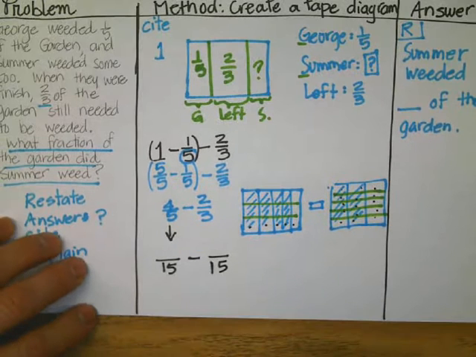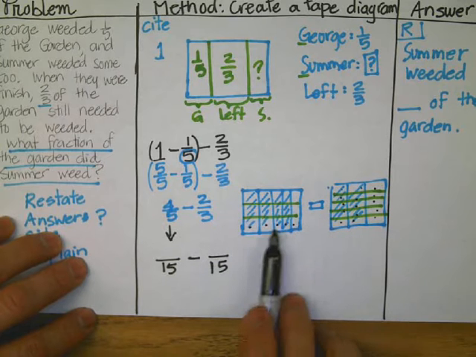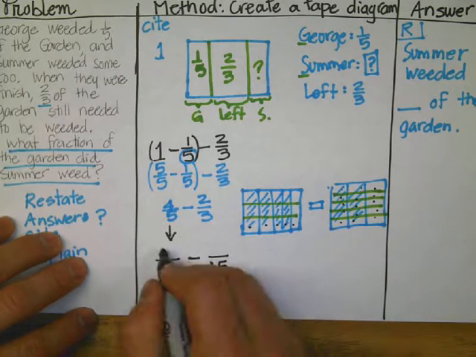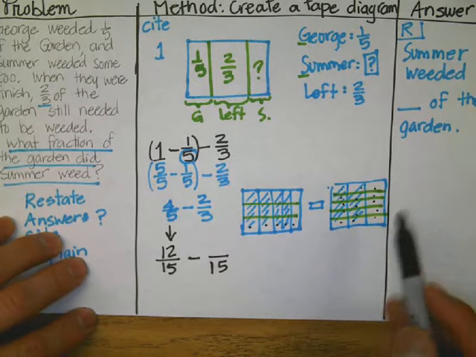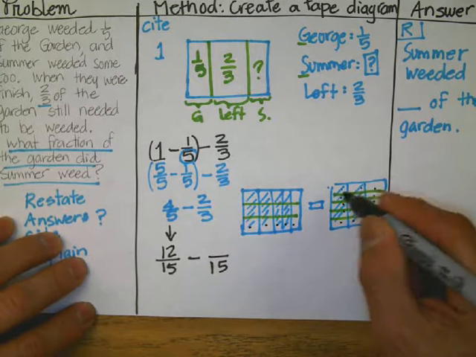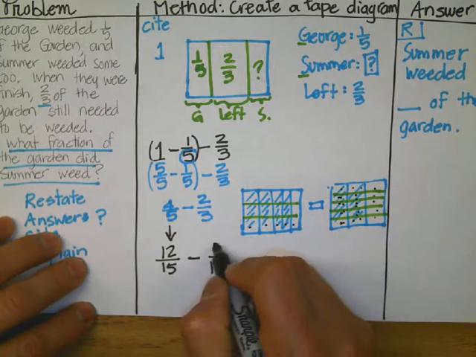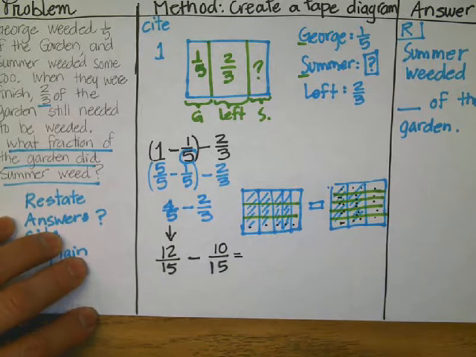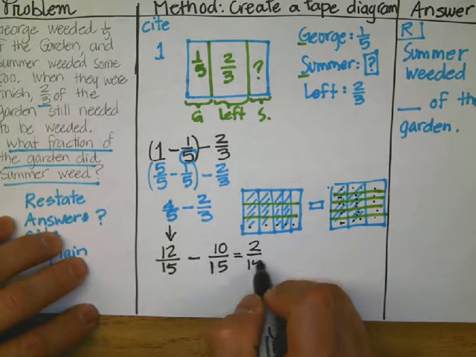How many are shaded? Well, this is 15 minus 3, that is 12. And this is 15 minus 5, which is 10. Yeah, I was correct. So 10. You subtract that, and that will be 2/15. How do we know?